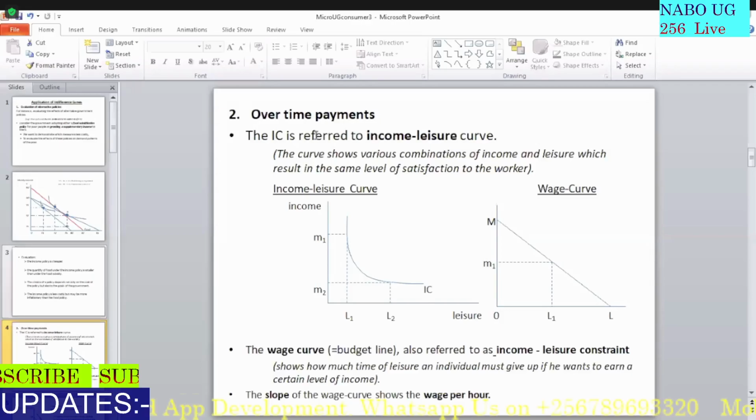Obviously, because of the higher wage, the individual moves to a higher indifference curve, and he settles at point E1, where that indifference curve is tangent to the wage curve. So you can see the leisure time is reducing and the income is increasing.